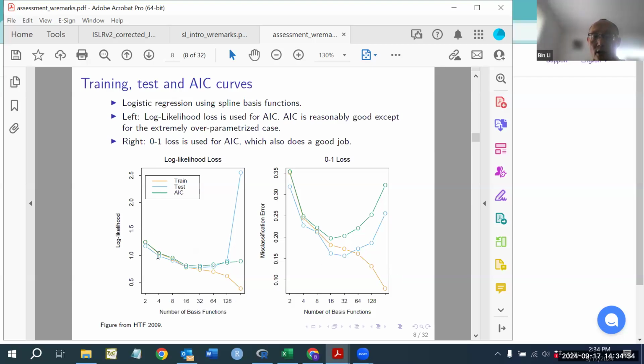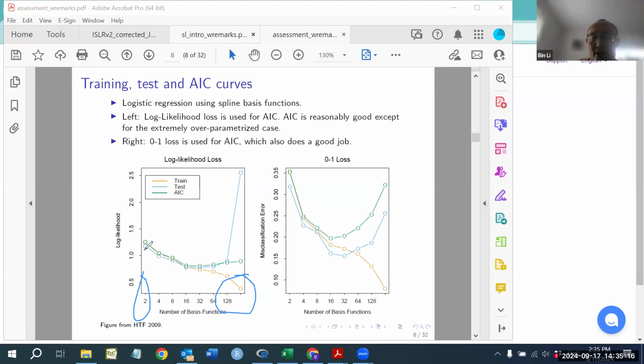Here, the orange curve shows the training error, the blue curve shows the test error, and the green curve shows the AIC values. The horizontal axis shows the number of bases in the model. The larger the number of bases, the more complicated the model is. So the models on the left-hand side are simple, and the models on the right-hand side are complicated.